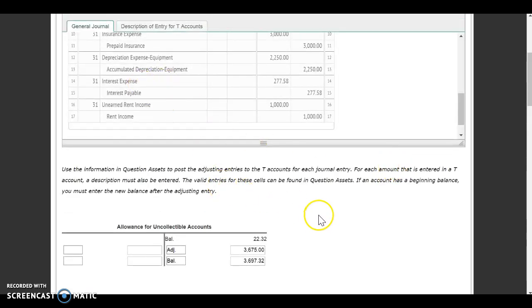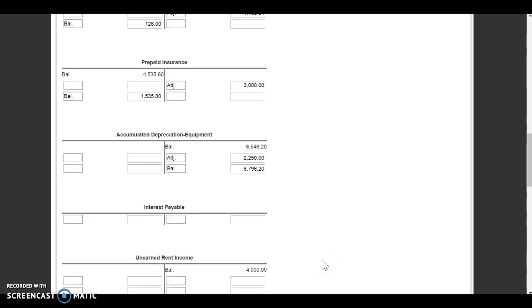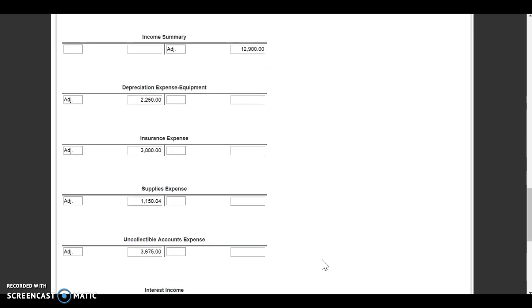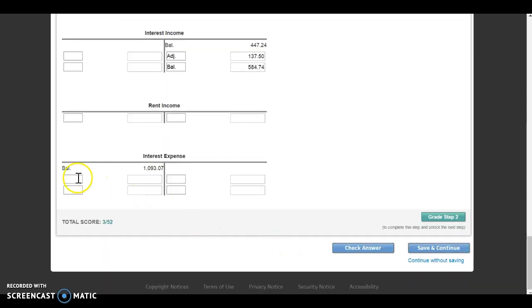Next, we have a debit to interest expense. So here's our interest expense. We're going to label that as an adjustment.